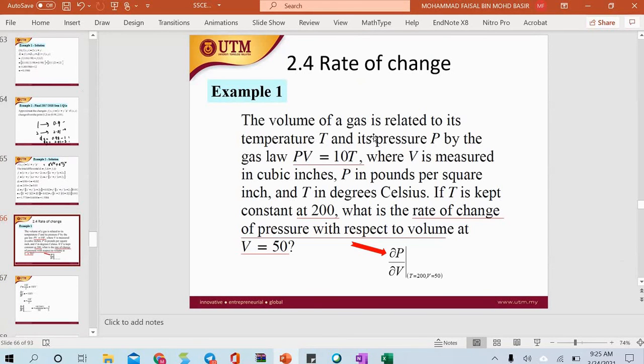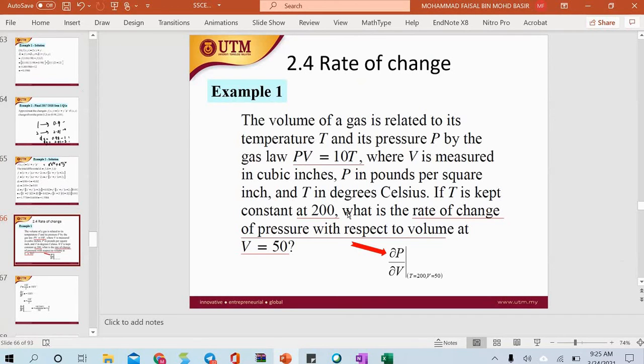Rate of change. I think you have learned this before. But for this, you have to understand the volume of a gas is related to its temperature and pressure. That's why we have PV equals 20T. V is measured in cubic units, P is pounds per square inch, T is degrees Celsius.